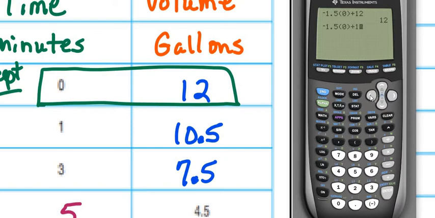Now I'm going to cursor back, and instead of 0 I'm going to put a 1 right here, and it's 10.5. I'm going to cursor back up here, hit enter, cursor back, and this is going to be 3 minutes. After 3 minutes, where are we? We have 7.5 gallons now.